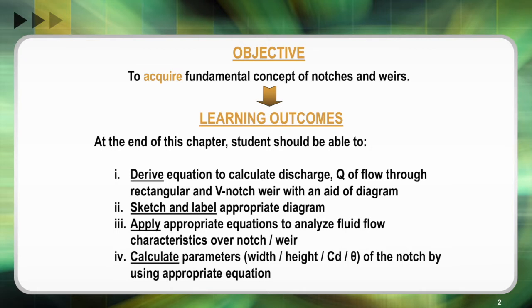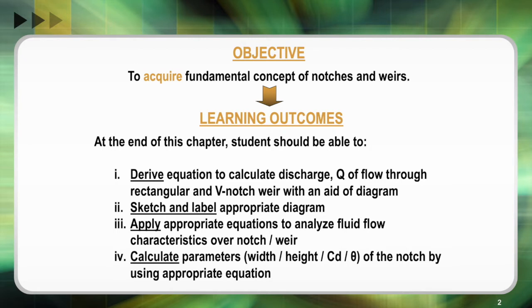So you may understand the flow over notches and weirs. Then from those figures, you may derive the equation for both of these types of weirs.